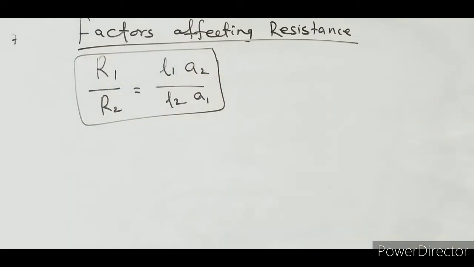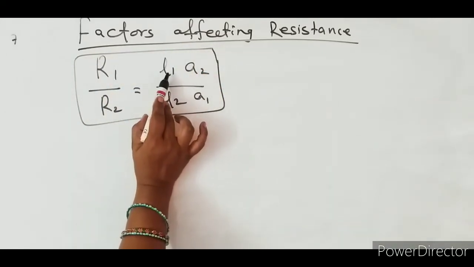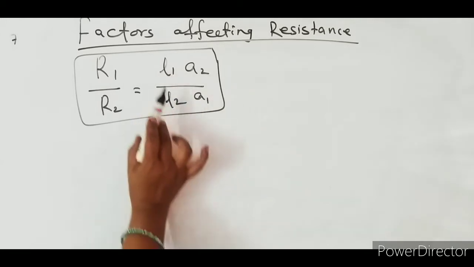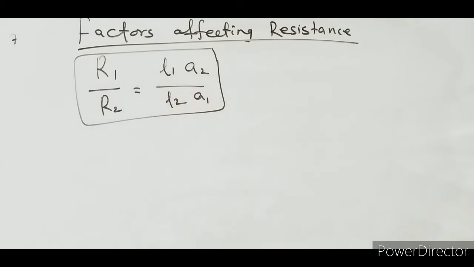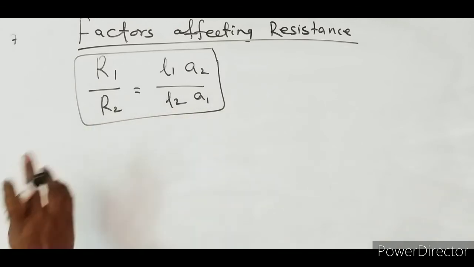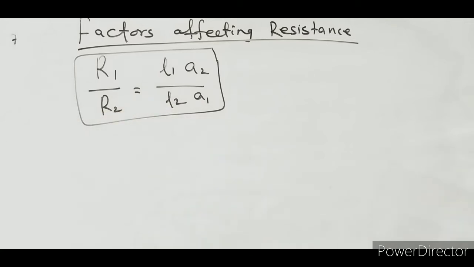So here, L1 is the initial length, L2 the final length, A2 the final area, A1 the initial area. Okay, do you remember this formula? Depending upon this, there are many numericals we can solve using this formula.